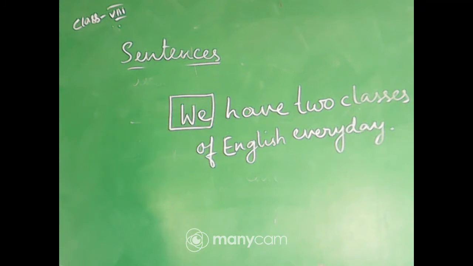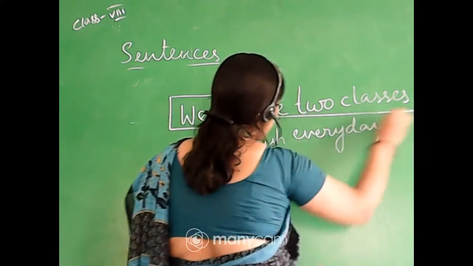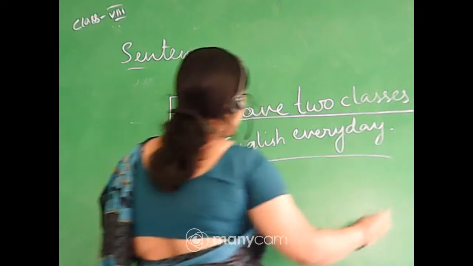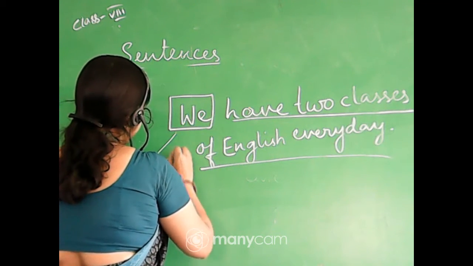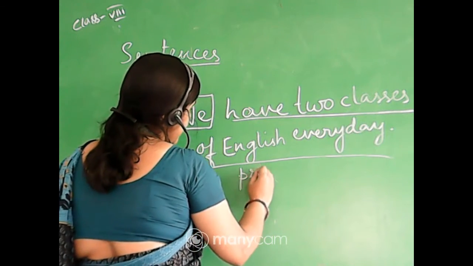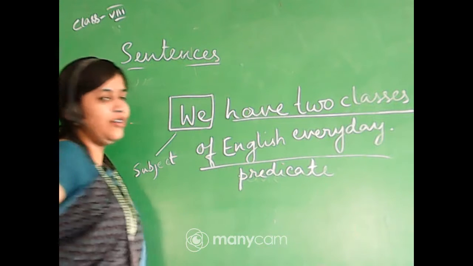Subject concerns a noun or a pronoun or a group of words that does the work of a noun. And the predicate consists of one word or several words which tells us something about the subject. So this part is the subject and this part is the predicate. Basic, right? You already know about it.